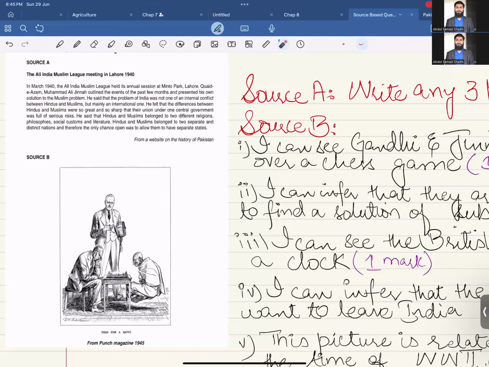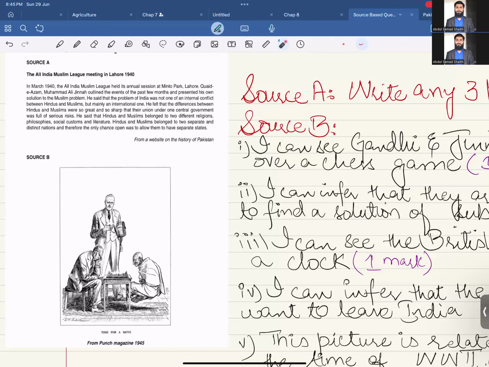We can convert it like this, that Jinnah was of the idea that the problem of India was a major issue which was going to have some international consequences, and it was not merely limited to a dispute between Hindus and Muslims or a dispute between nations. So this is how we can extract 3 sentences and convert them in our own words.